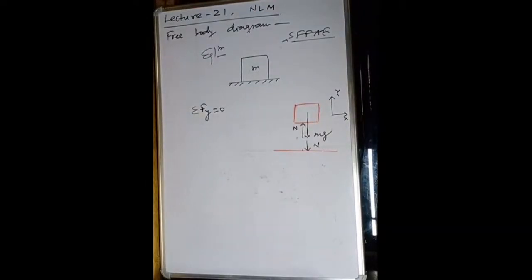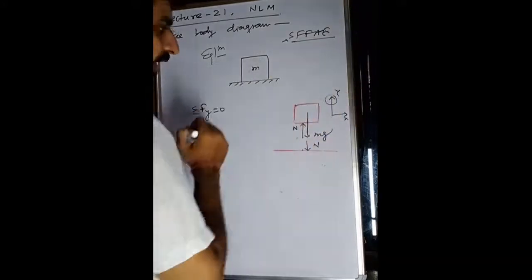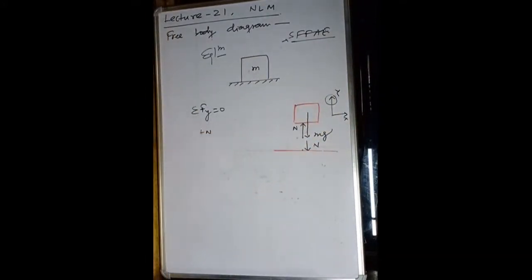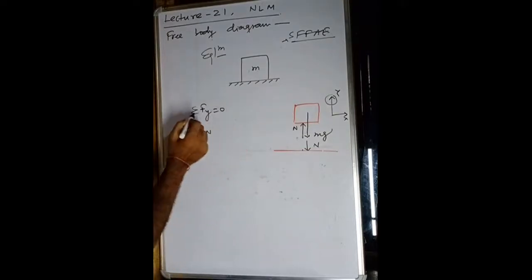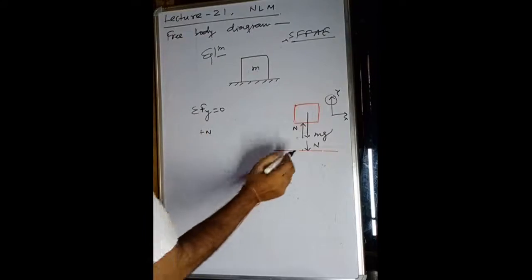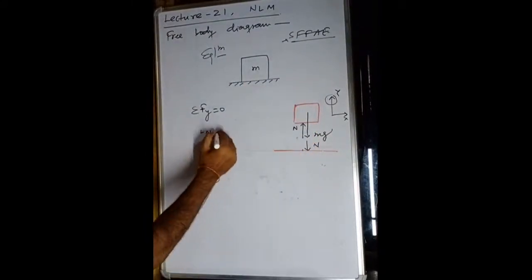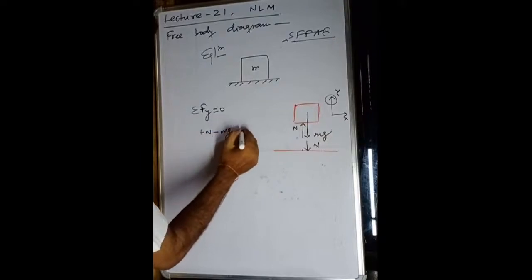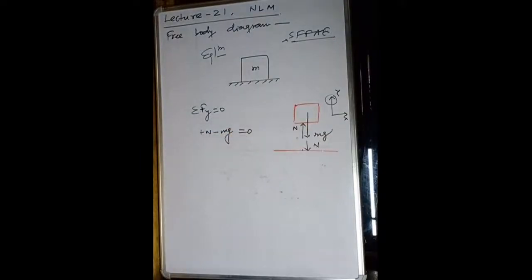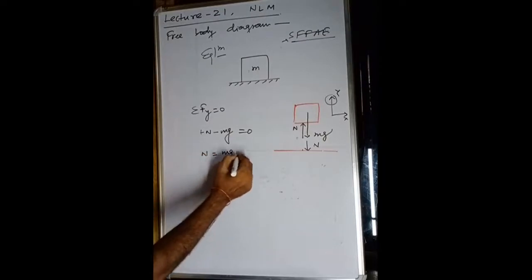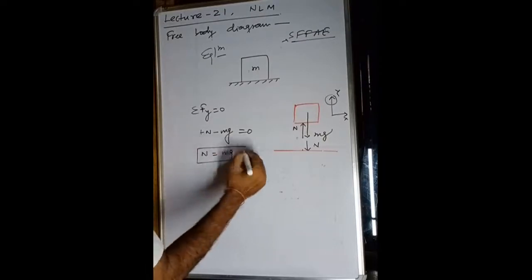If we take the positive axis in upward direction, then this normal will be a positive force. We have to add all the forces. Now the mg, the second force, is acting in downward direction, so it will be minus mg, and the sum is 0. We can write N equals mg, and this is our answer.